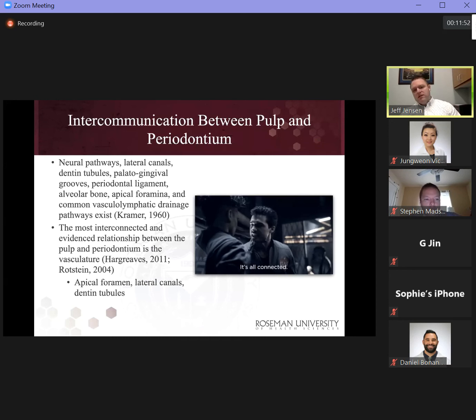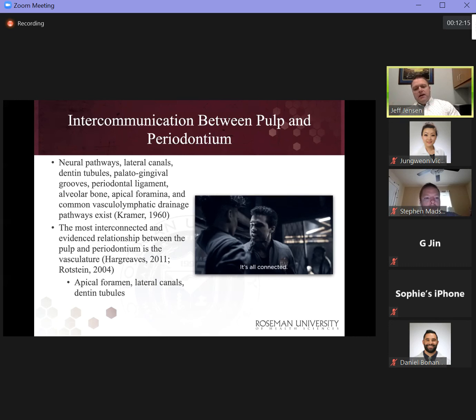So you have these tubules in the dentin, which communicate into the periodontal space. And we see that a lot when we have recession and those tubules become exposed, then that can communicate with that nerve in the tooth and cause sensitivity, whether it be to cold or air or sweets or whatever the case may be for a patient.